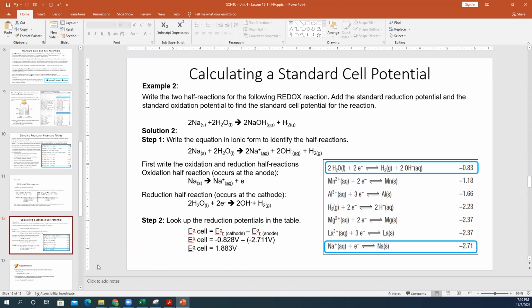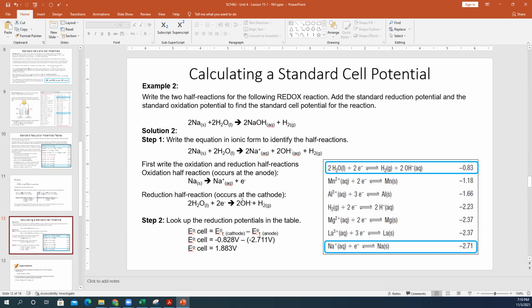But what you have to notice is that you have to make sure when you're writing these half cell reactions that they're balanced. So both the number of molecules and the number of elements are balanced, so that if here we have 4 hydrogens and 2 oxygens, we see on this side of the equation we also have 2 hydrogens here and 2 hydrogens there, which will add up to 4.